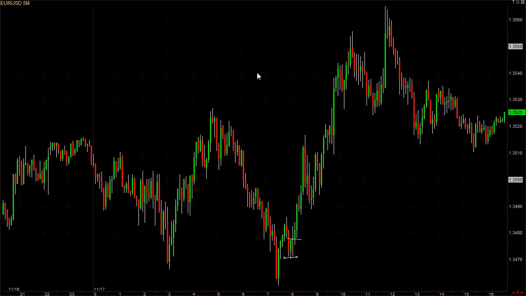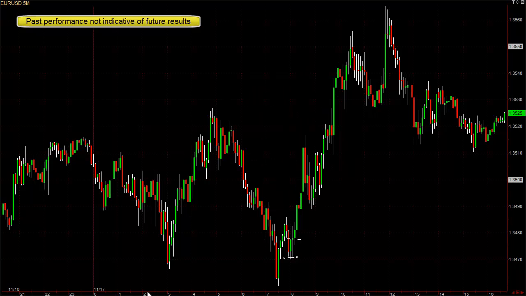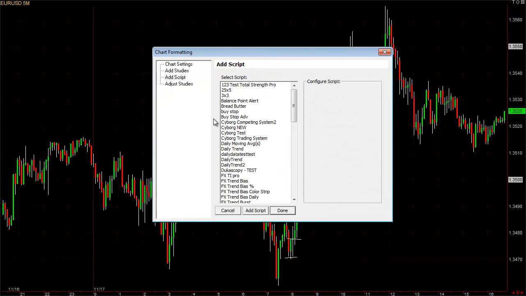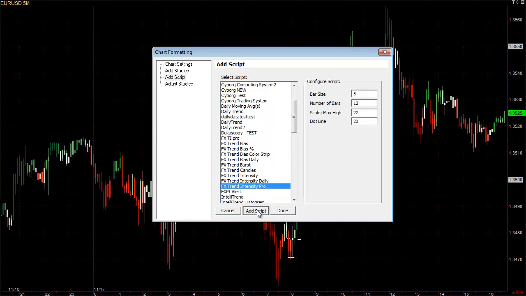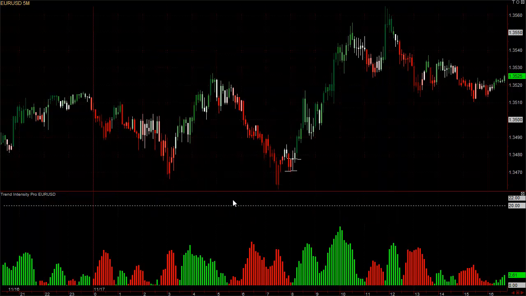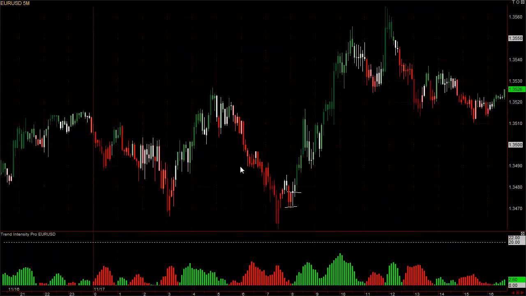And it also helps to have our FX Trend Intensity Pro and IntelliTrend on the chart. With these on the chart, you can see the market made a move down, but statistically the market really wasn't that weak. Anything underneath the dotted white line, the 20 level, is not that intense.